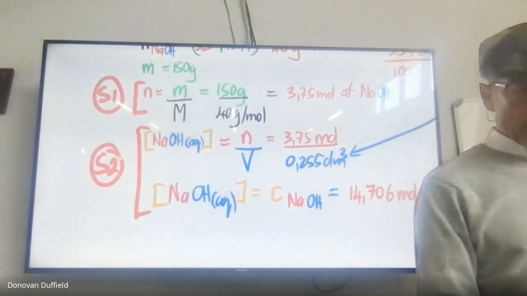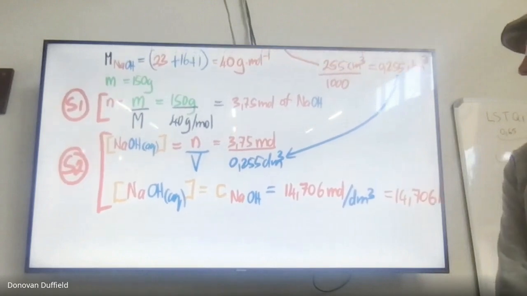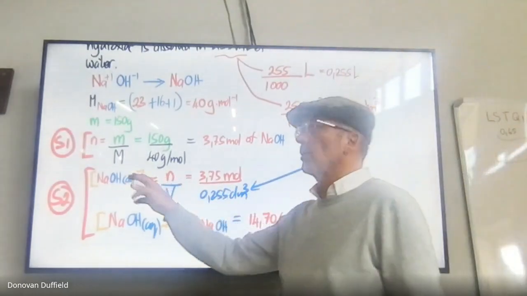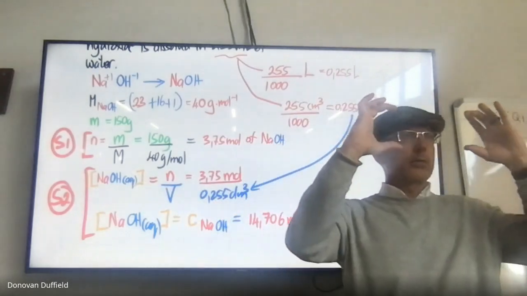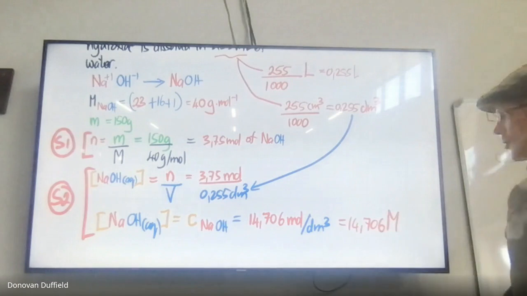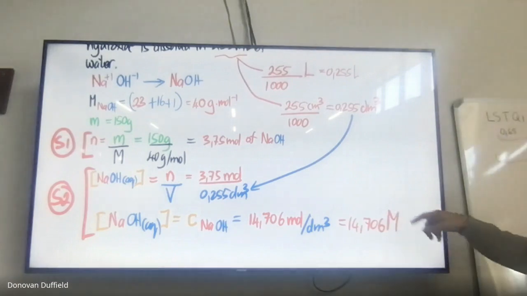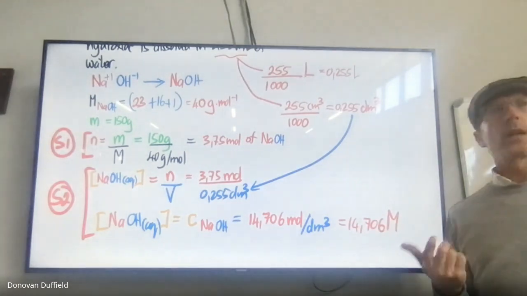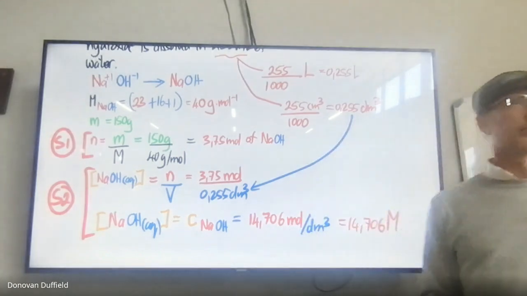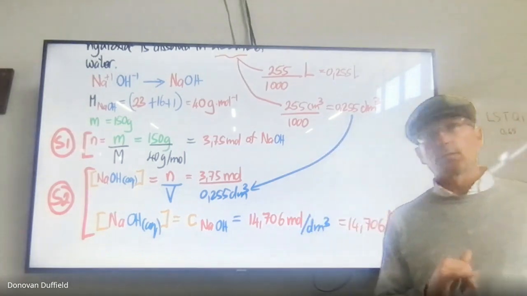You can use little c for concentration, or you can use square brackets: number of moles of solute over volume of solution. And big M is a shorthand way of saying moles per cubic decimeter. You're allowed to use it.